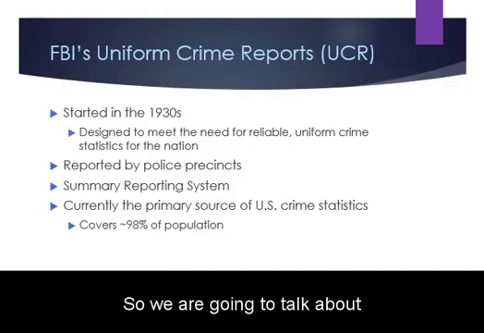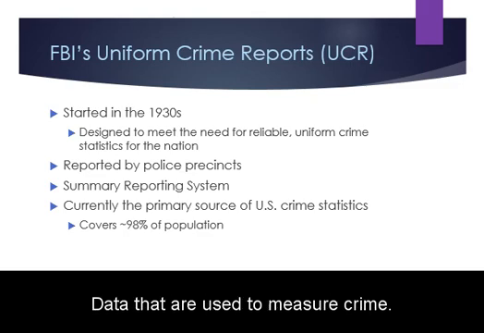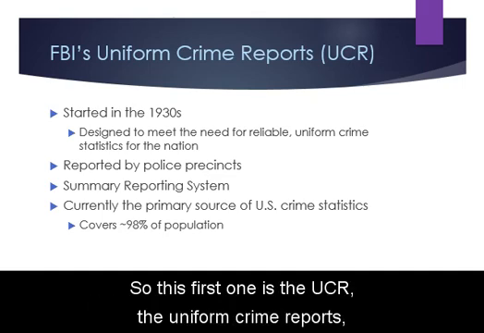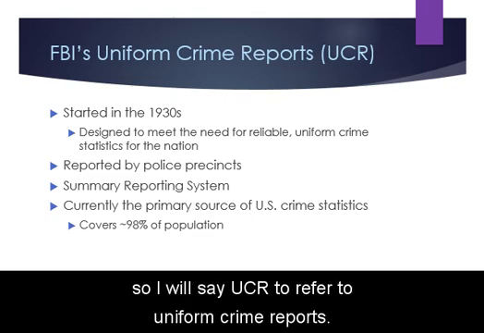So we are going to talk about a few different types of data that are used to measure crime. This first one is the UCR, the Uniform Crime Reports. So I will say UCR to refer to Uniform Crime Reports.